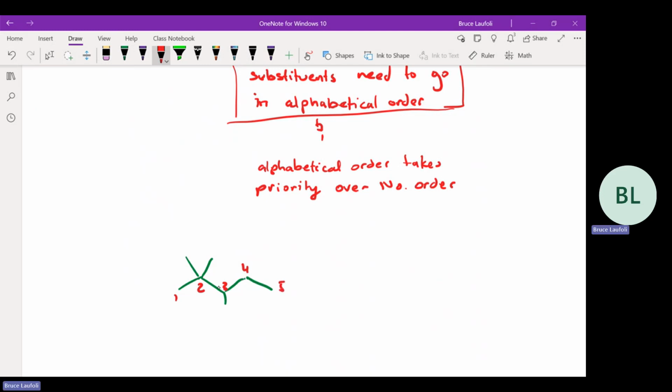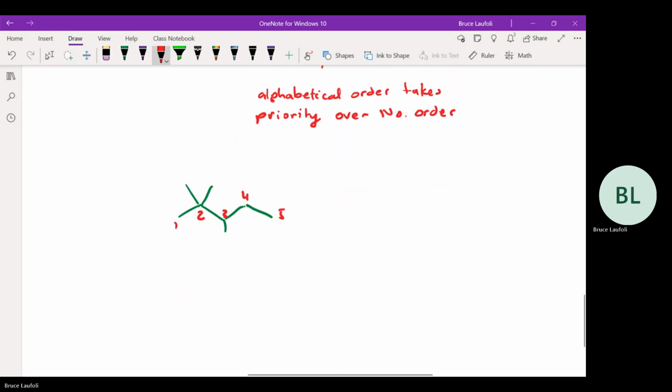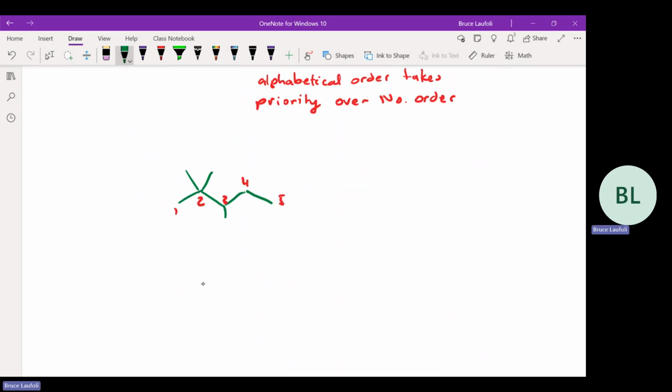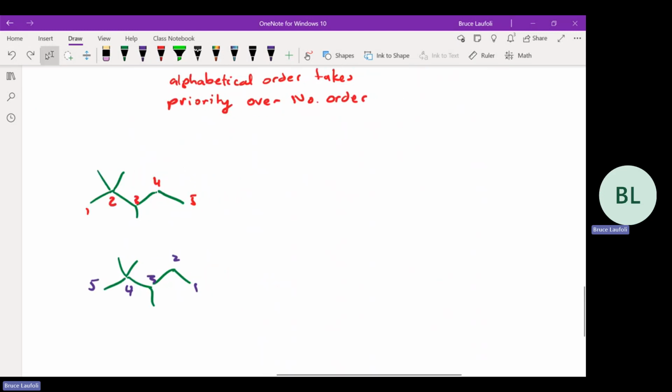And hopefully you can see as well that we shouldn't label the other way, because we'll get the substituents on 3 and 4 compared to the top case where we have it on 2 and 3. So the top case is the better option.